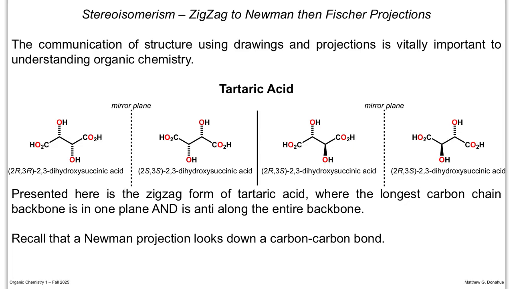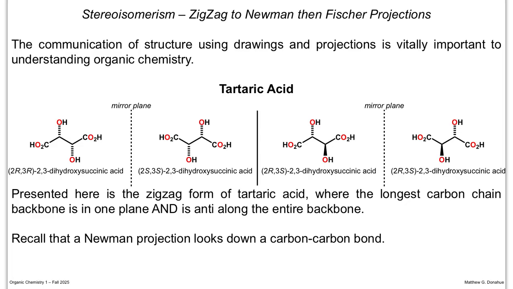This other pair, notice, has the same name, 2R, 3S, 2R, 3S. And again, as drawn, that's an enantiomeric pair. But what we'll see using the Fisher projection is that it's going to be reduced to a meso compound due to that internal mirror plane.